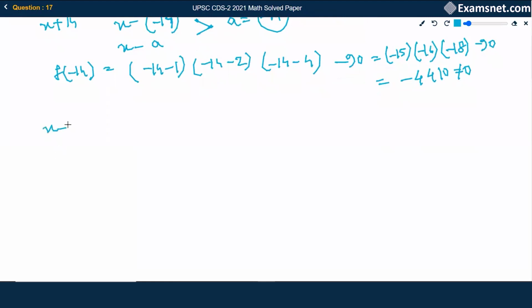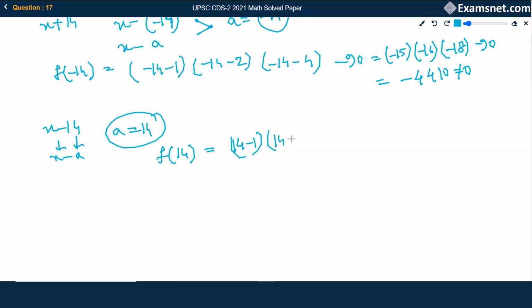Now let's check with x minus 14. Comparing with x minus a, a equals 14, right? So we check f of 14: 14 minus 1, 14 minus 2, 14 minus 4, minus 90.